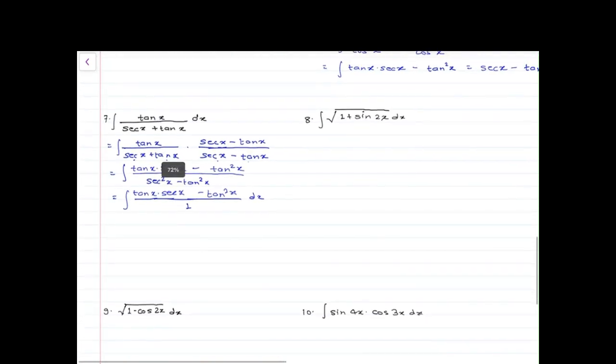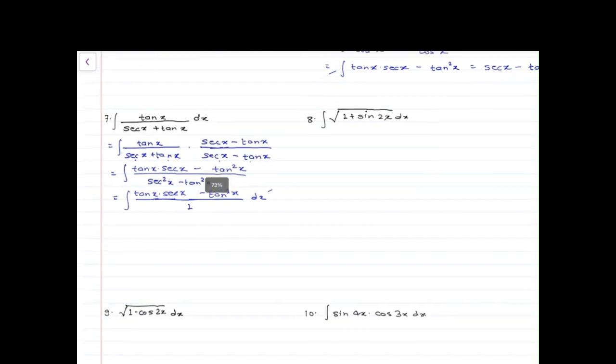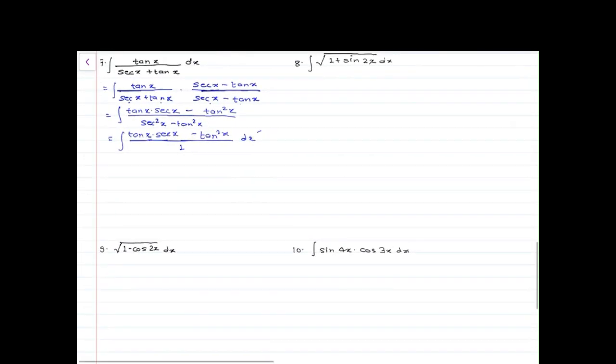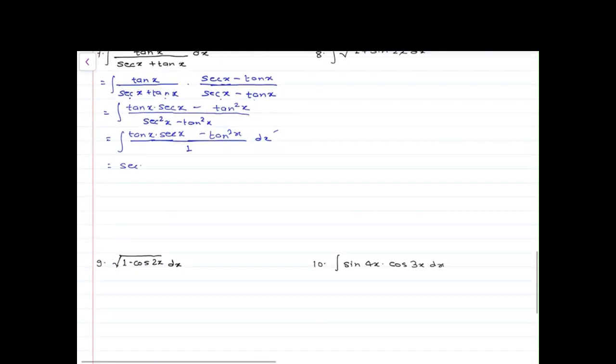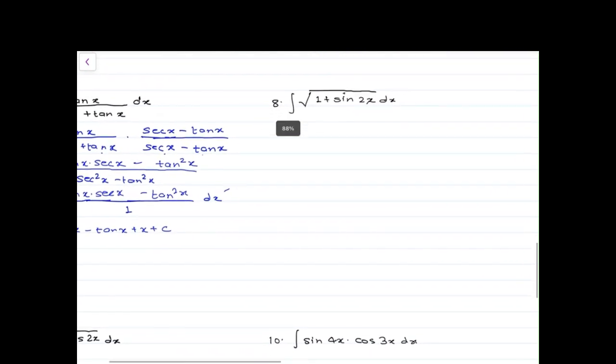So again it's the same kind of question, this one and this one, you will get the same answer, right? So sec x minus tan x plus x plus c. Simple.